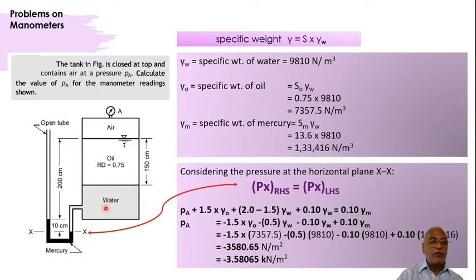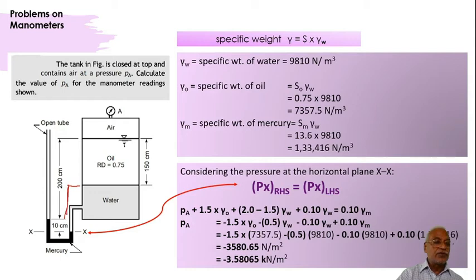Now in water, I have to go right up to this particular point, from here to here. Now how much is that distance? If I analyze, here there is a level. Up to this level it is 1.5, and then from here to here it is 2 meters.